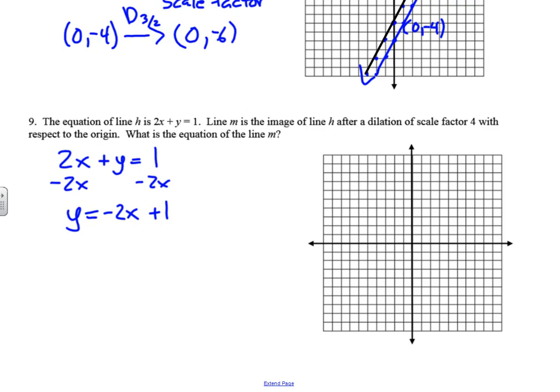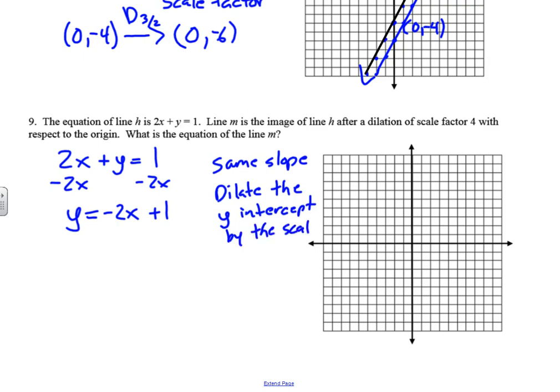All right. Two things you have to consider. Same slope, and dilate the y-intercept by the scale factor.